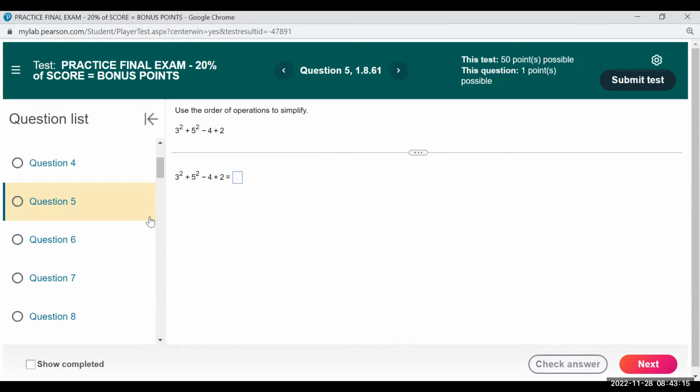Solve means you're looking for an answer, x equals or y equals. Simplify means just combine all the numbers. Combine like terms. So it's 3 squared, 3 to the power 2, plus 5 to the power 2 minus 4 plus 2.